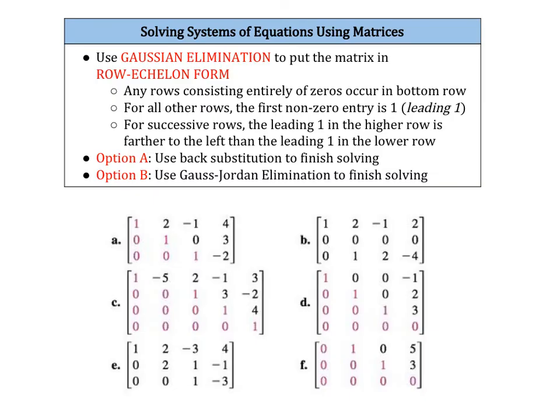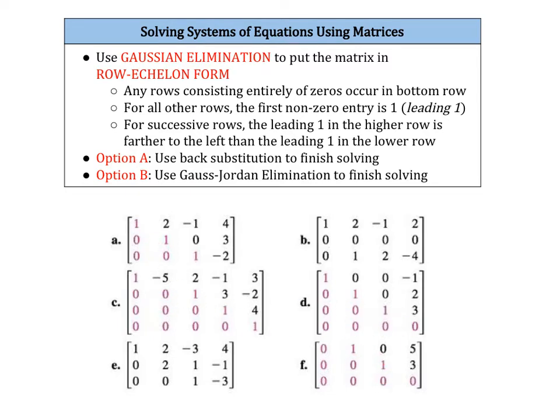All right, so this slide could look very overwhelming, but don't panic. It's not as crazy as it looks. When we are solving a system of equations using a matrix, our goal is to create what's called row echelon form. All of the ones that are pink are in row echelon form.